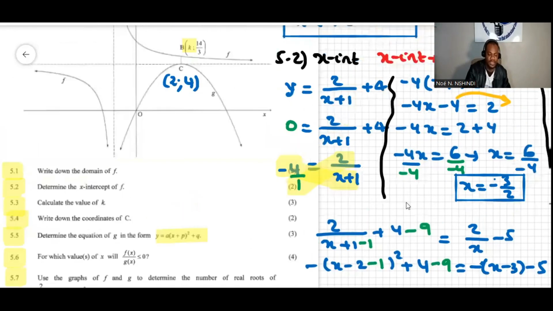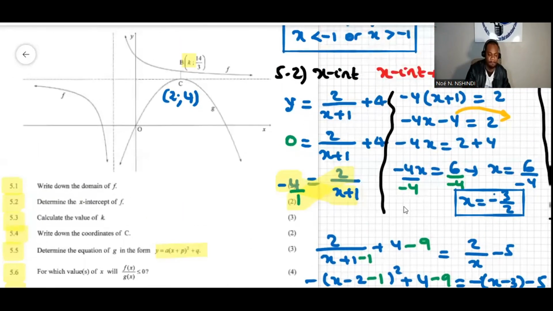Now, let's see. The y-intercept of the parabola is when x is equal to 0. If we sub 0 there for x, we have negative 2 plus 4 is 6 here. The point here is 6.